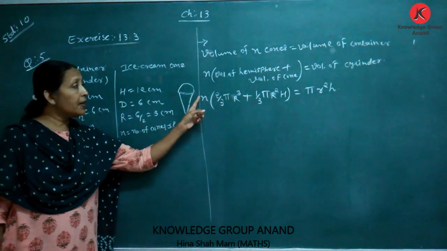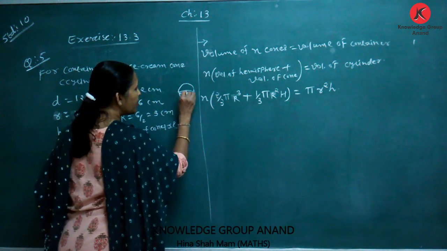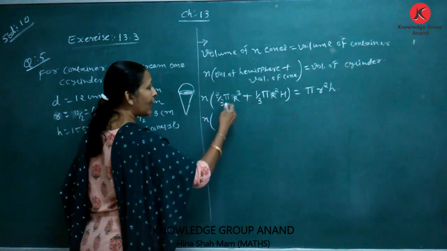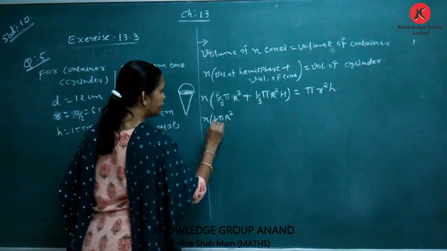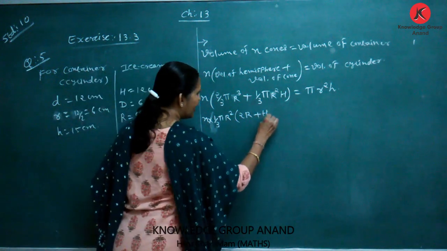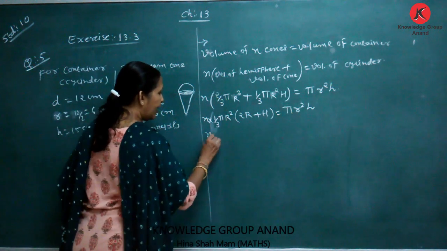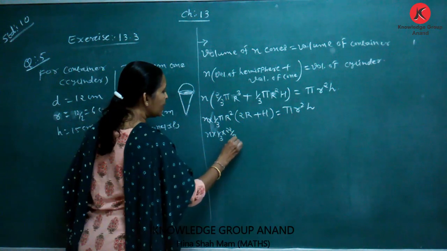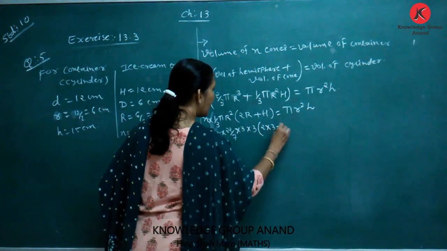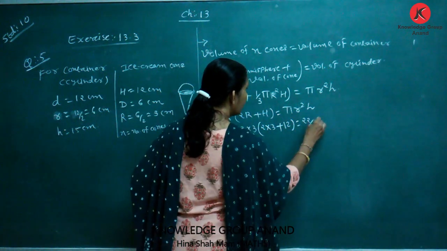Volume of hemisphere is 2 by 3 pi r cube. The radius of the hemisphere is equal to the radius of the cone; both are the same. n into the common part 1 upon 3 pi r square, then 2r plus h is equal to pi r square h. n into 1 upon 3 into 22 by 7 into r square, where r is 3: 2 into 3 plus height of cone, which is 12, is equal to 22 by 7 r square.